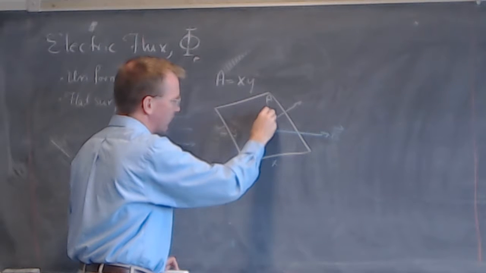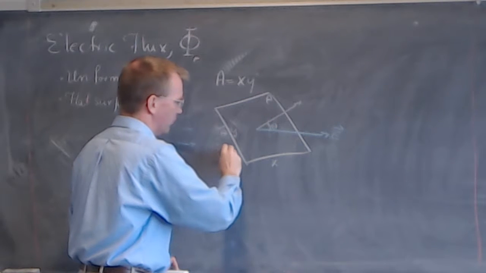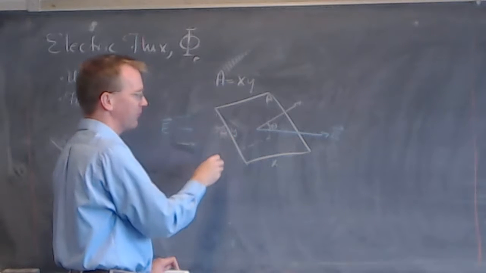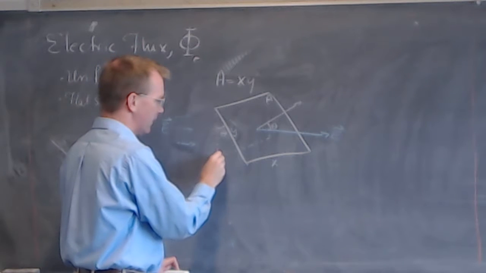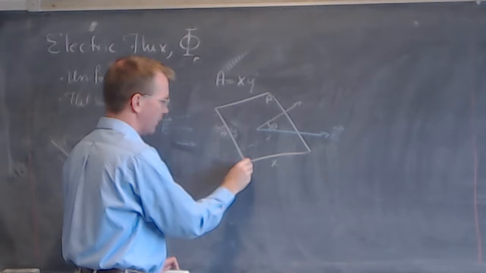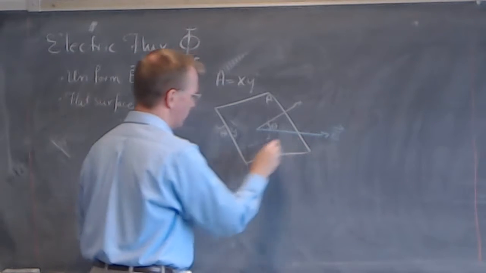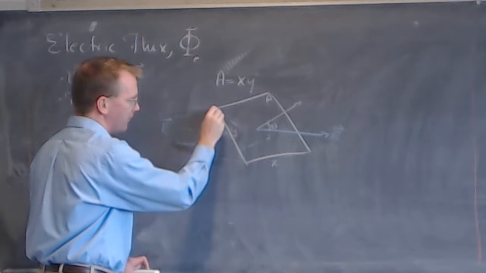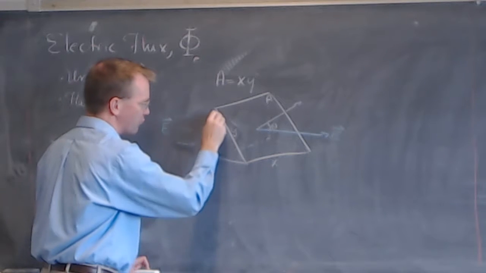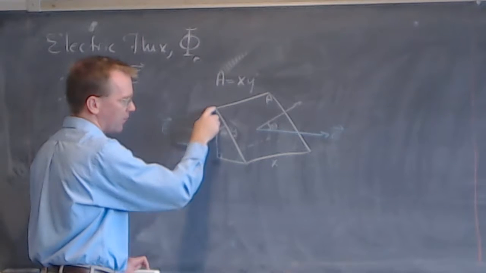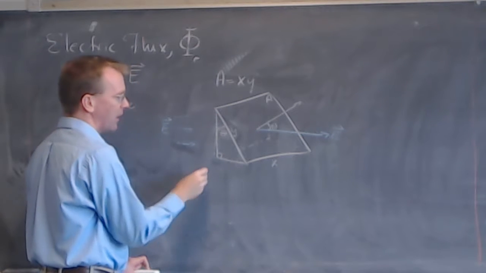Let me see here. I'm going to draw dashed lines there, trying to keep the sense of perspective going on. Okay. Now, this is a right triangle here. The hypotenuse is y.